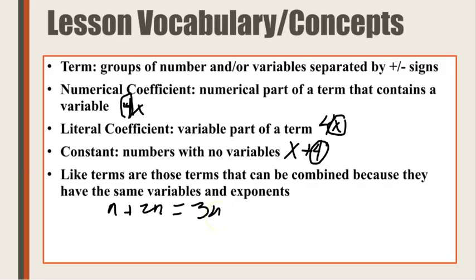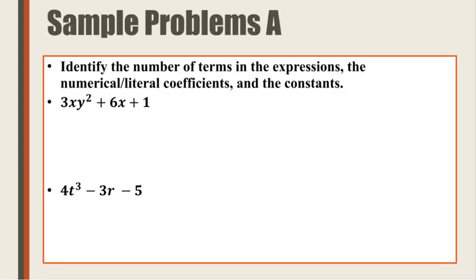Because they both have the same variables, I just take the coefficient. Remember, there's a 1 in front of here. But if I had n squared plus 2n, I cannot solve those. That would have to stay as n squared plus 2n. And the reason is because the first term has n squared, has a square in it, the other n does not.